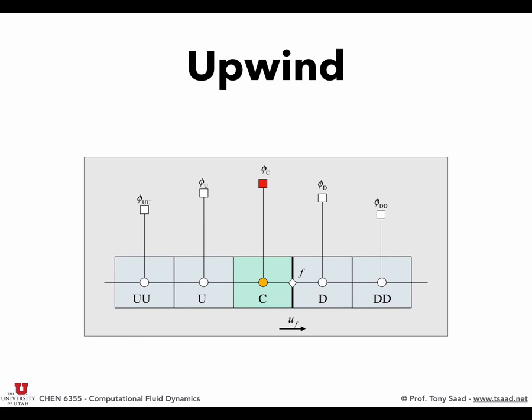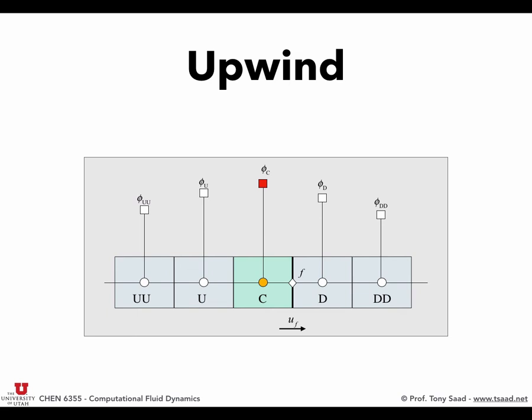Again, we are at this face F, and we're trying to compute the flux at the face F. So capital F at this face is u times phi F. u is known, so all we're after is phi F. So what is the phi value at this face?